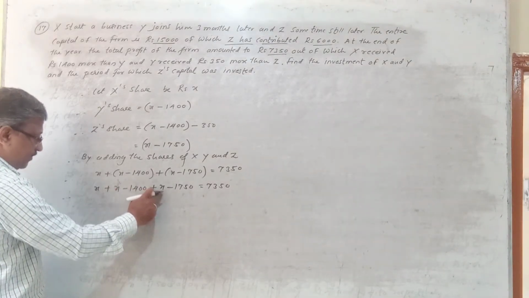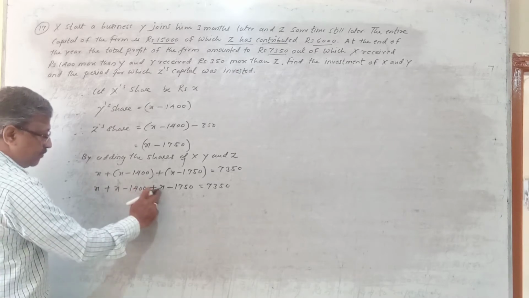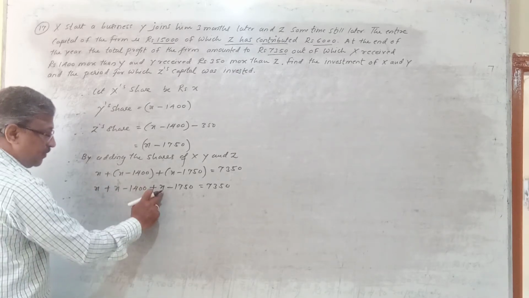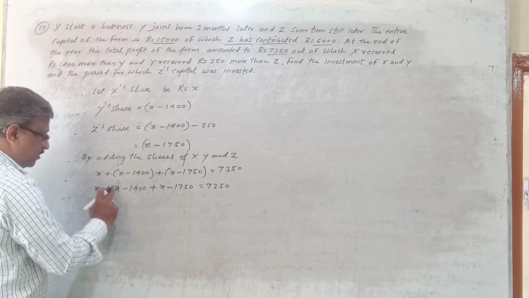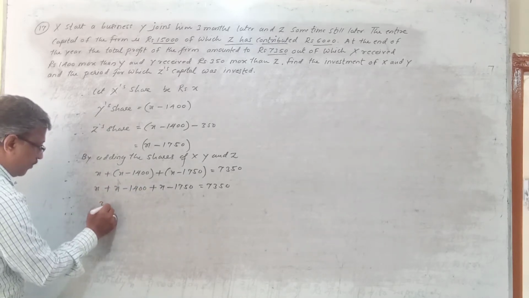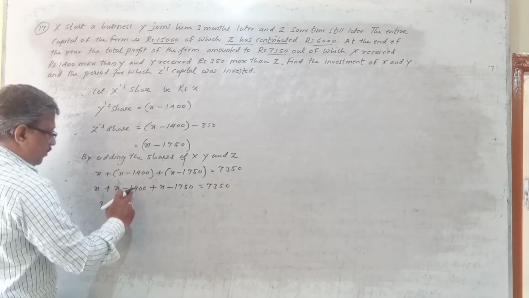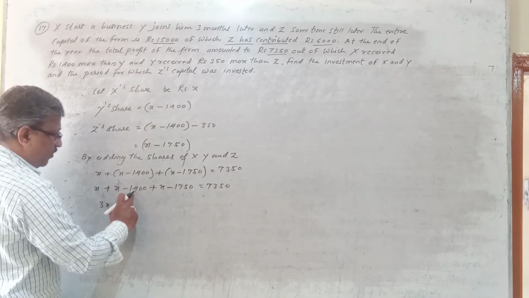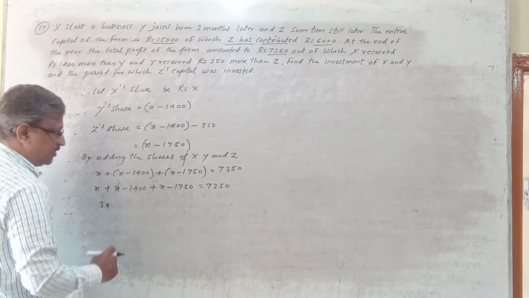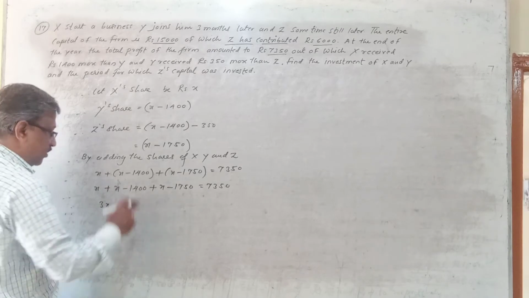Now this X we can solve. So solve this X first. This is plus X, this is plus X, and this is plus X. So plus plus plus, add it. So 1x plus 1x plus 1x, you get plus 3x. Now this is minus 1400, this is minus 1750. Minus minus, so add this.